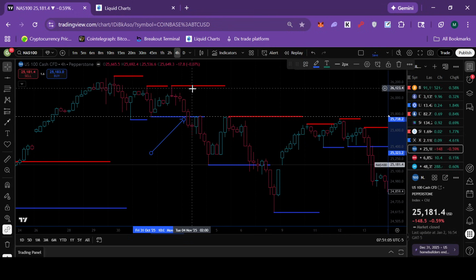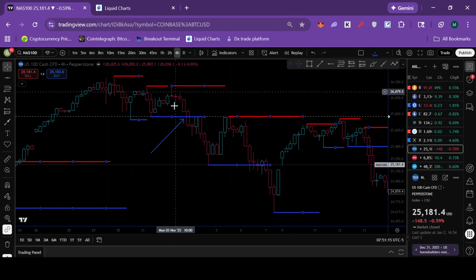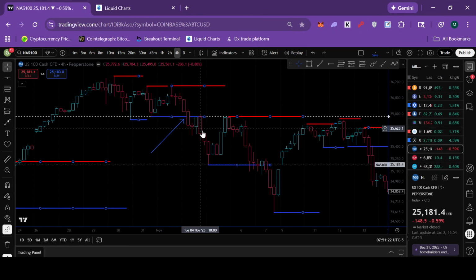As long as it breaks below here and doesn't break above a most recent resistance, the setup is still valid, okay? Now, we want to see the market touch back into this level to then eventually break back out and push lower.